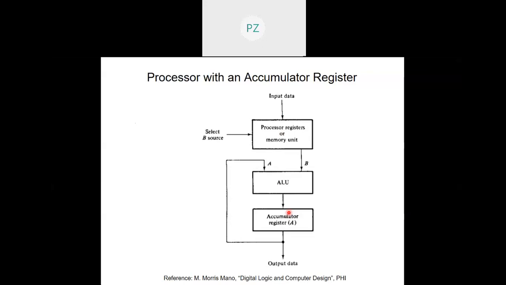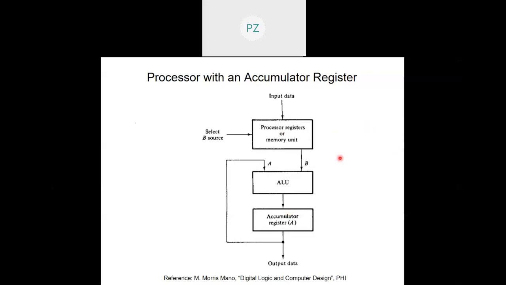So nowhere I had mentioned accumulator explicitly. Move R, it was implicit that the data has to be moved from the register R into the accumulator A, even though I was not specifying A anywhere. I was just specifying R.